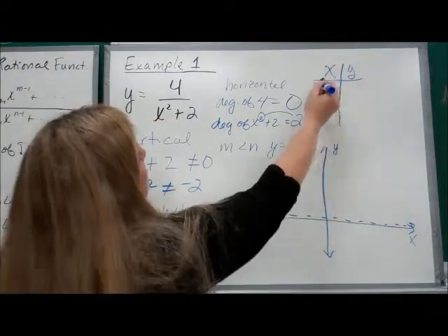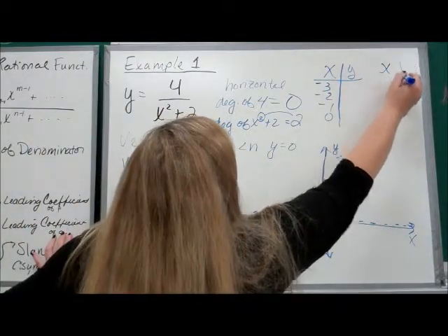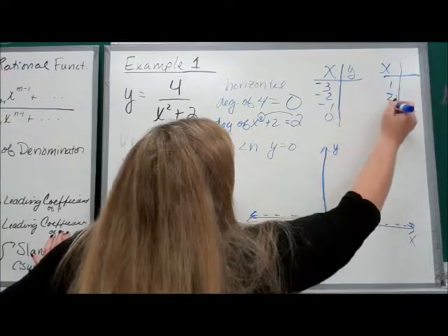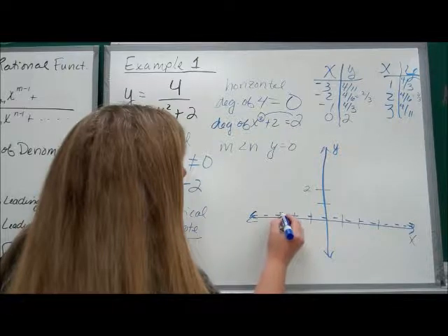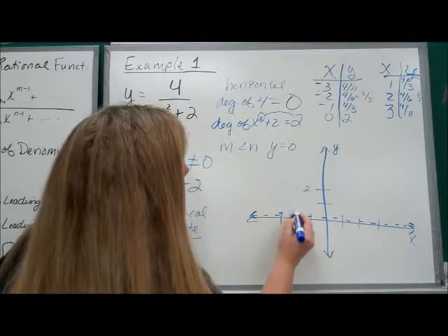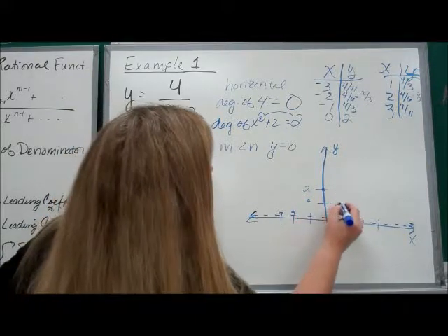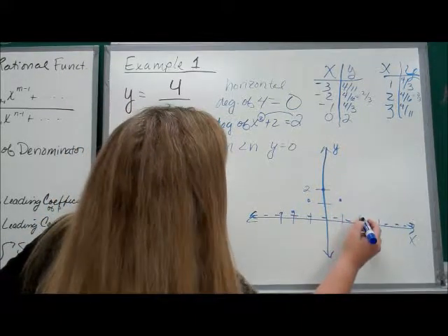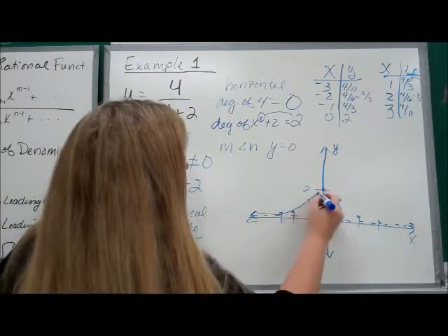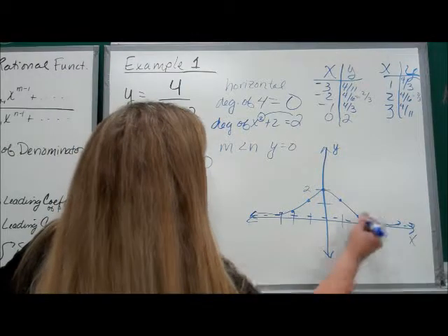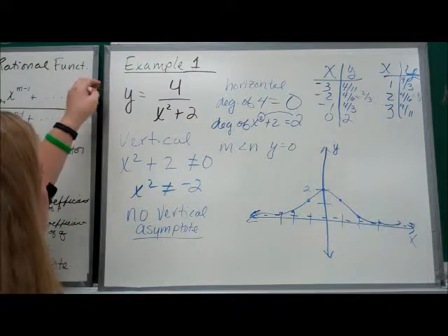Let's go with negative 3, negative 2, negative 1, 0, and then 1, 2, 3. Plug them in, and plot the points. There's our graph. And if you graph it in the calculator, you'll see all that good stuff.